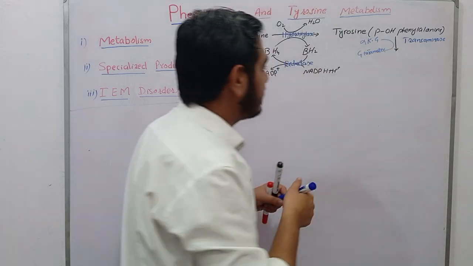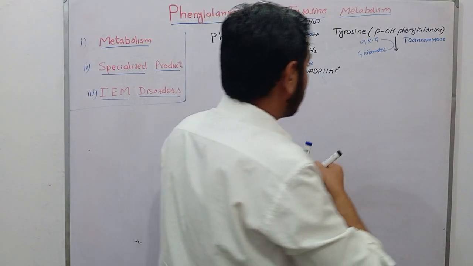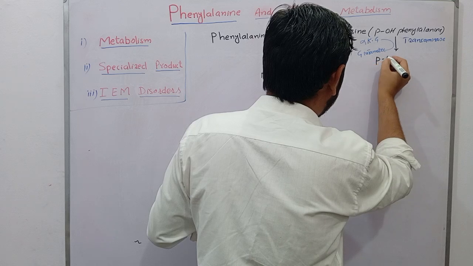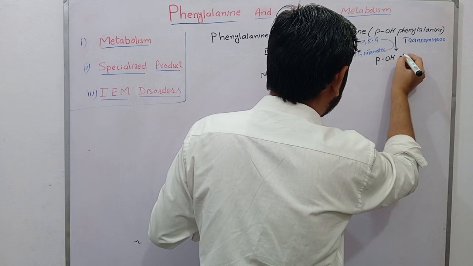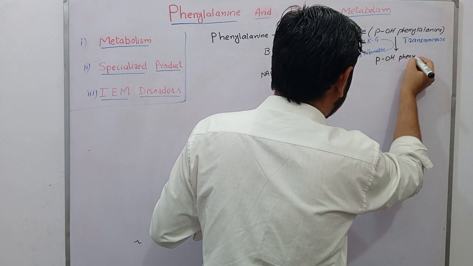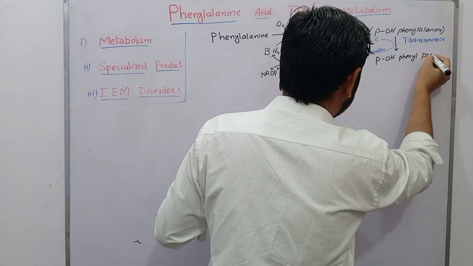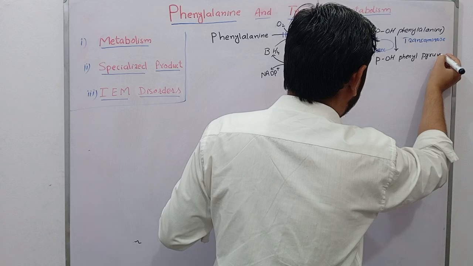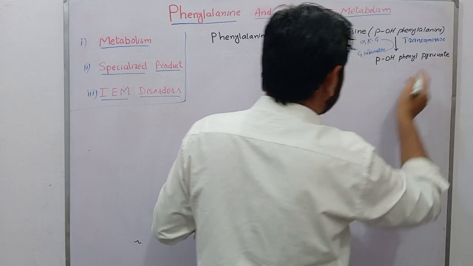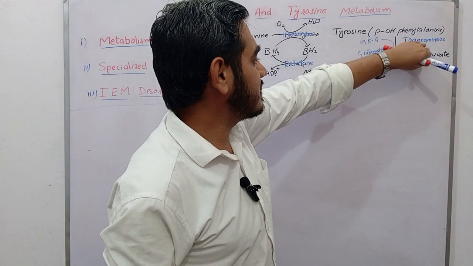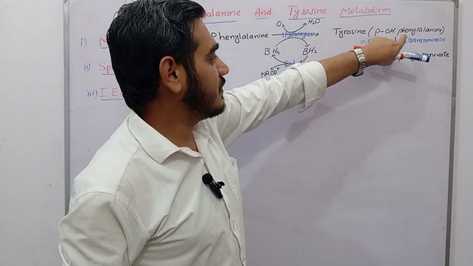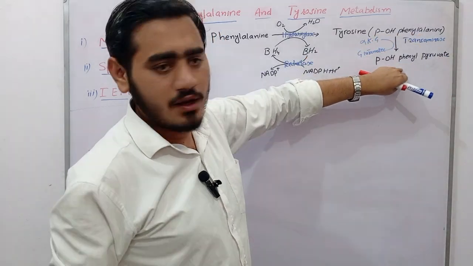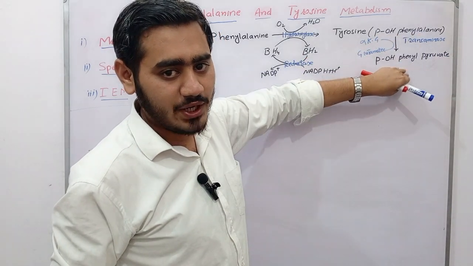Okay, and there is a formation of para-hydroxyphenylpyruvate. With the help of this transaminase enzyme, this para-hydroxyphenylalanine forms para-hydroxyphenylpyruvate.